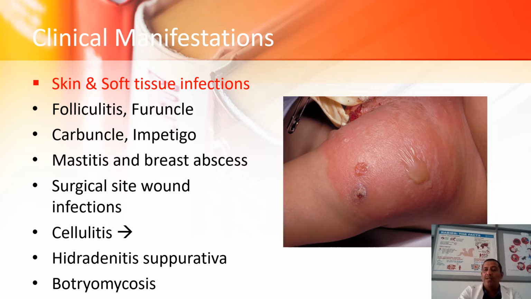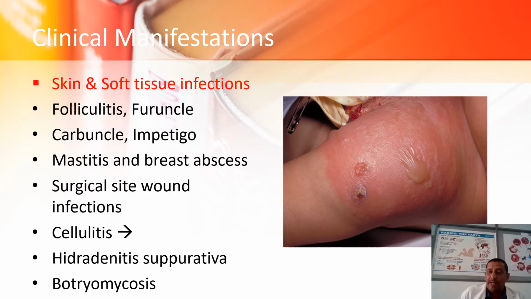What are the invasions produced by Staphylococcus aureus? When it causes skin infection, it can cause folliculitis, furuncle, carbuncle, impetigo. Then it can infect the breast, causing mastitis and breast abscess.